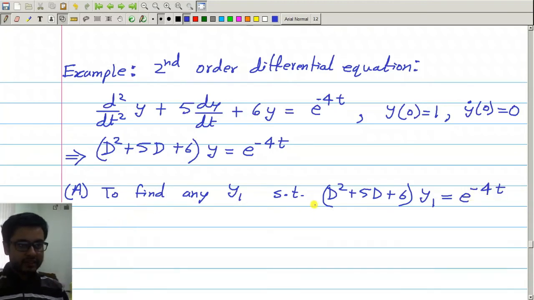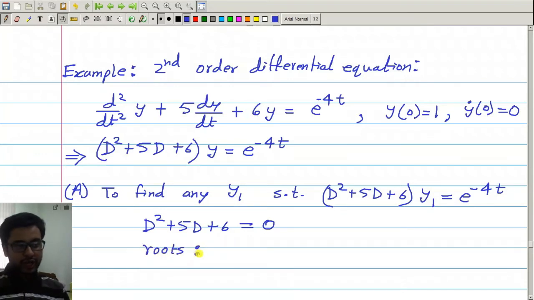So for that, let us factorize the given operator. Let me equate it to 0 and then find the roots.